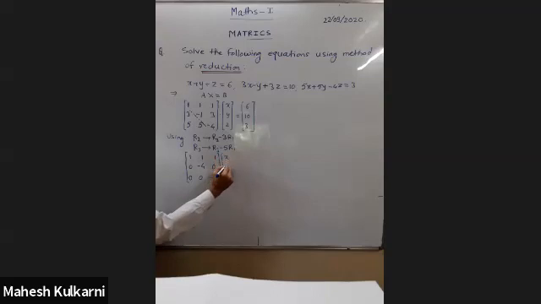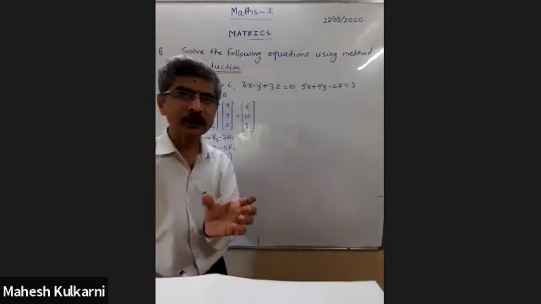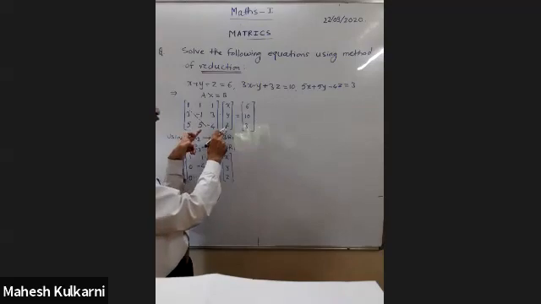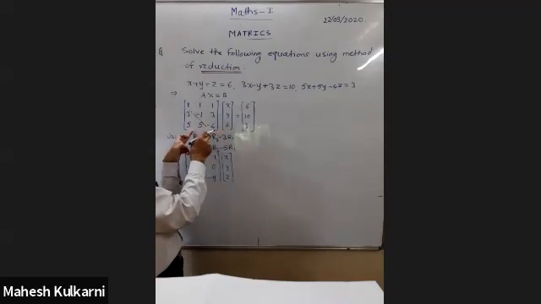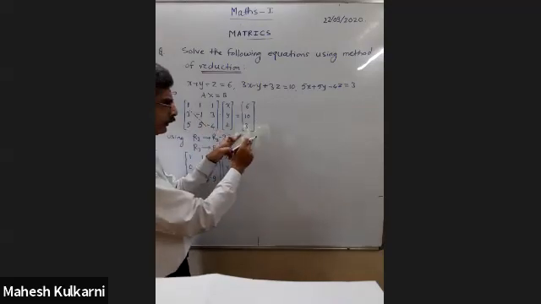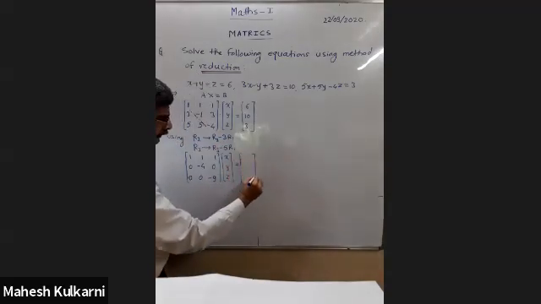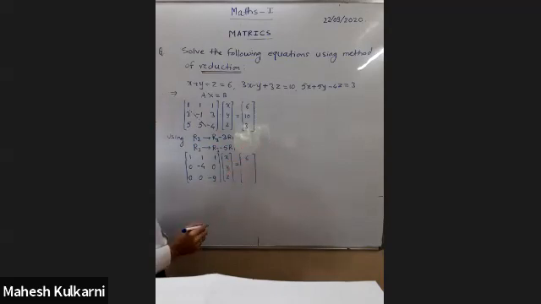Column matrix, post factor. Row transformations are to be applied on pre-factor only. Again and again I repeat this: when there is a product, apply row transformation only on pre-factor, and on the right hand side apply this. On the right hand side first element 6 will remain as it is.